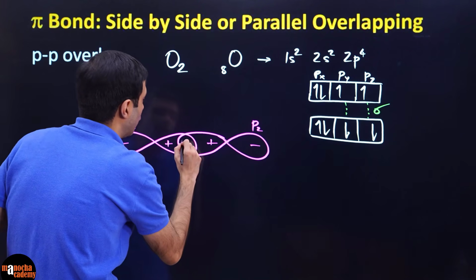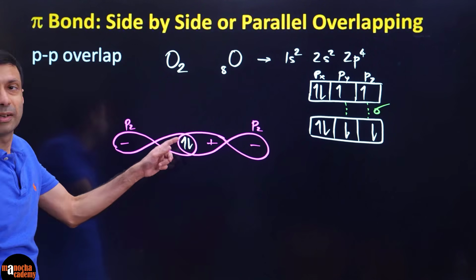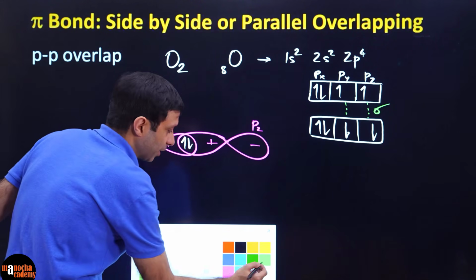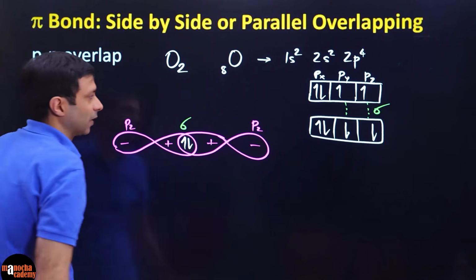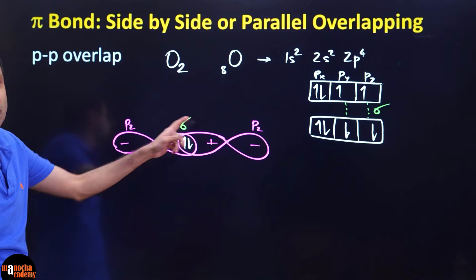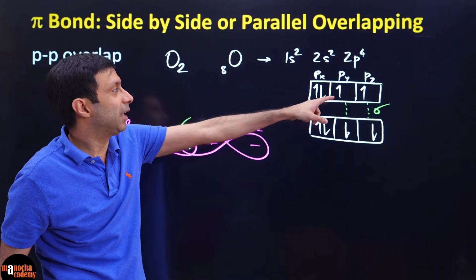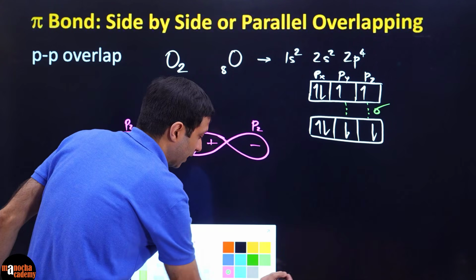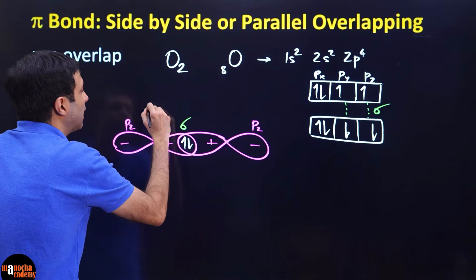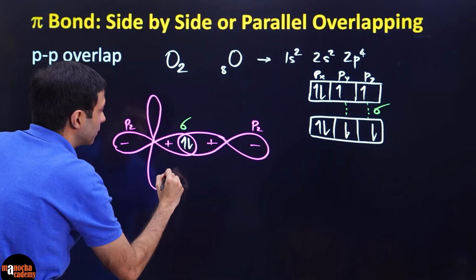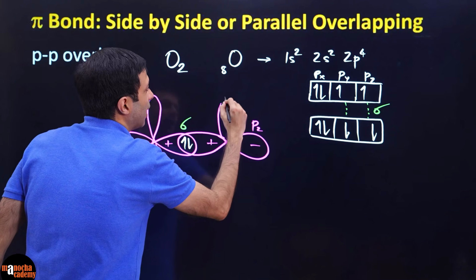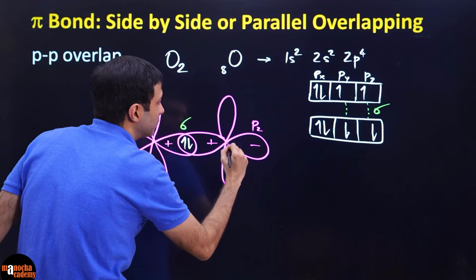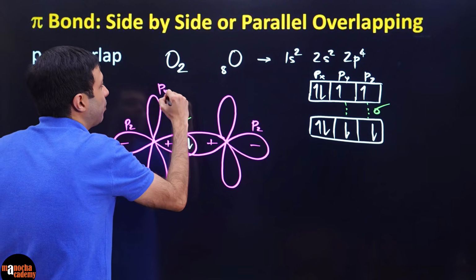And here when they overlap, this is where your sigma bond is formed, the head-on overlap. Okay. So this is each p orbital, coming from the oxygen atoms. And the y orbital is going to be like this, perpendicular to it. So it's going to look like this here and over here like this. So this is my py.